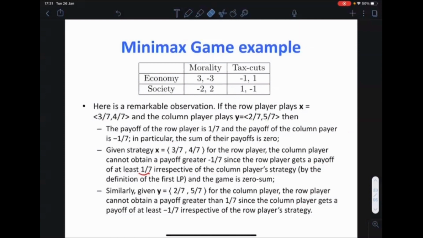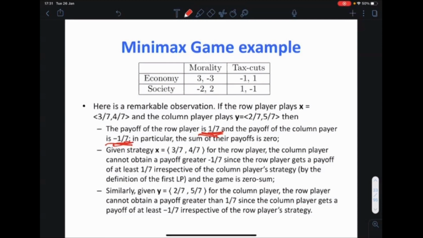If you look at the solutions for LP1 and LP2, then number one, we observe that the payoffs add together to 0. So that means there must be something consistent between these two LP solutions, right?